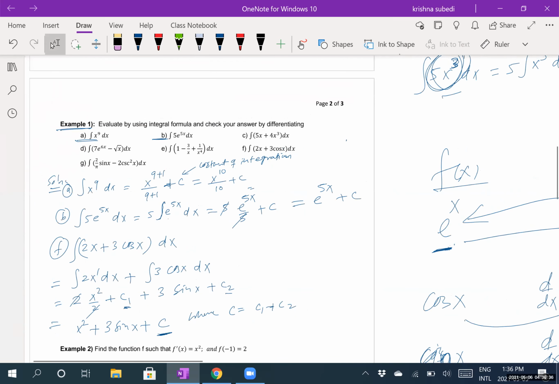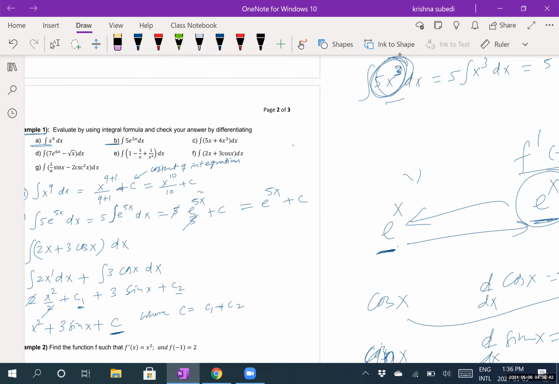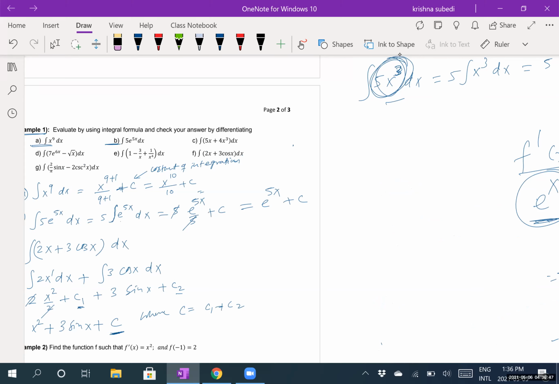Now let's look at one question, maybe part E. Okay, one thing: always make sure that if any variable is in the denominator, bring it to the numerator.